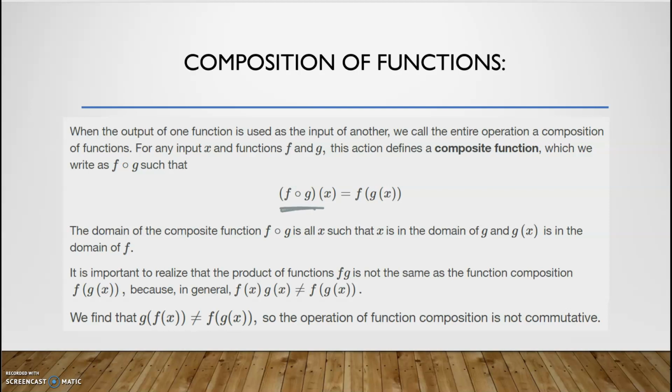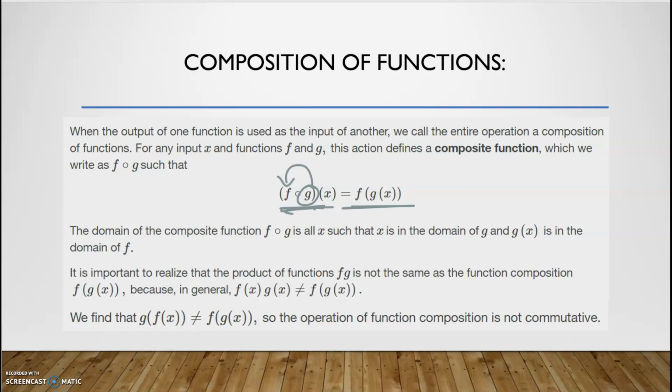You read this as f of g of x. And what that really means is you're going to put the second function here into the first one like you see here. So you read this one as f of g of x, the same way you read this one right here. Okay, the domain of the composition function f of g is all x such that x is in the domain of g and g of x is in the domain of f.